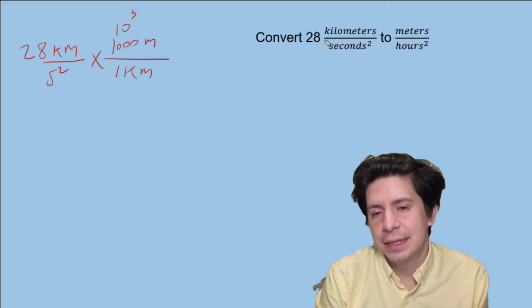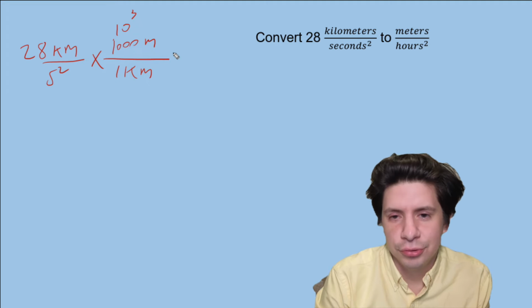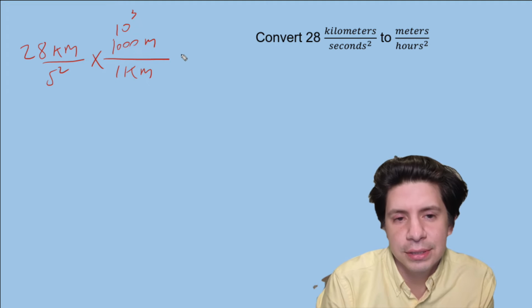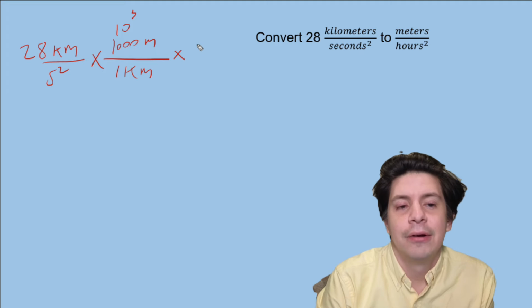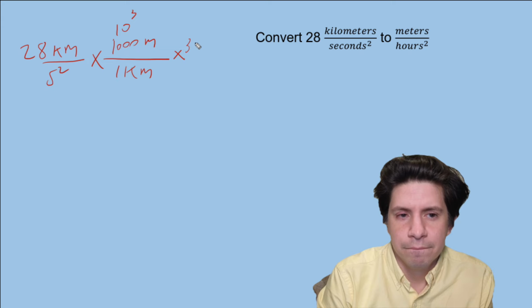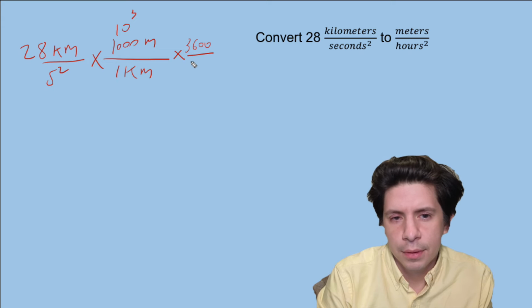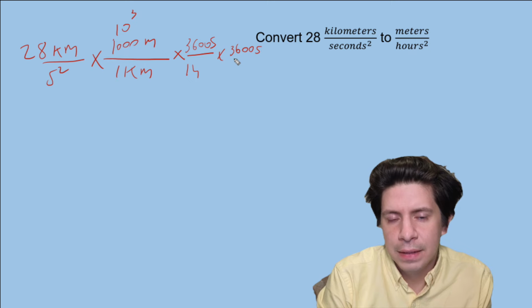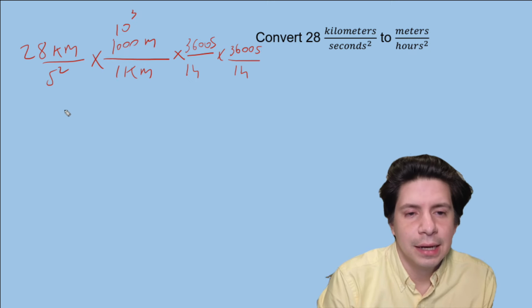And then to go from seconds to hours, it's going to be 3,600, right? Because it's 60 times 60, there's 3,600 seconds in an hour. So we're going to multiply it by 3,600 seconds over hours times 3,600 seconds over hours, okay?